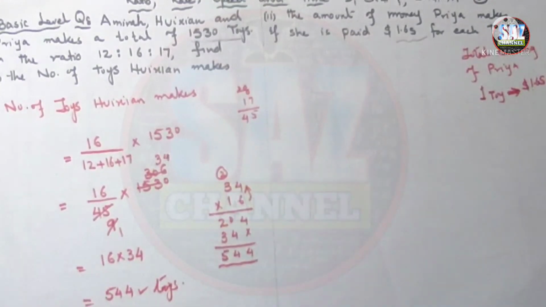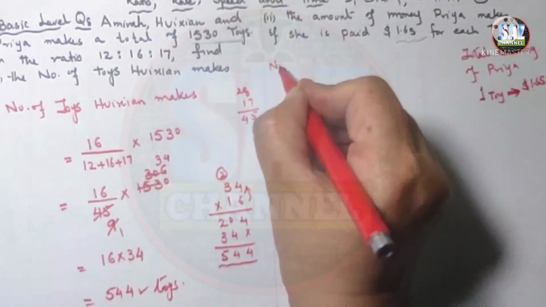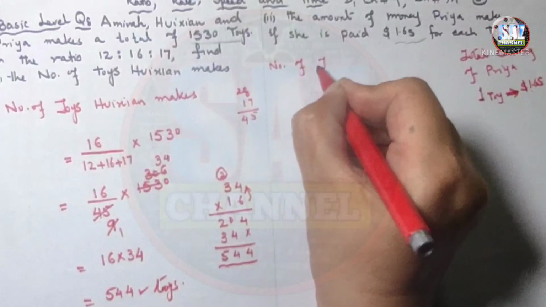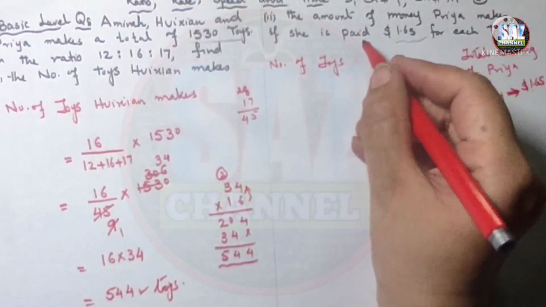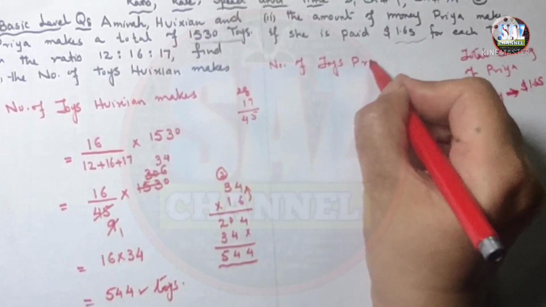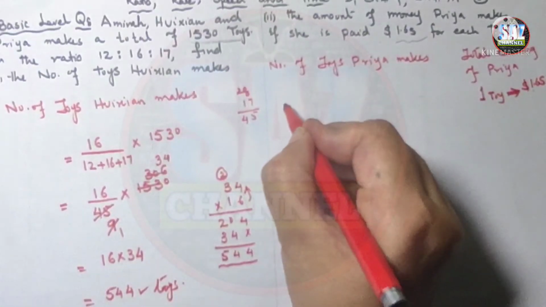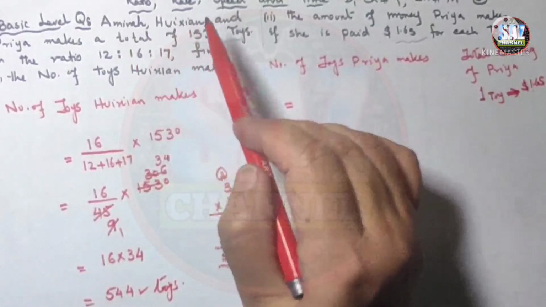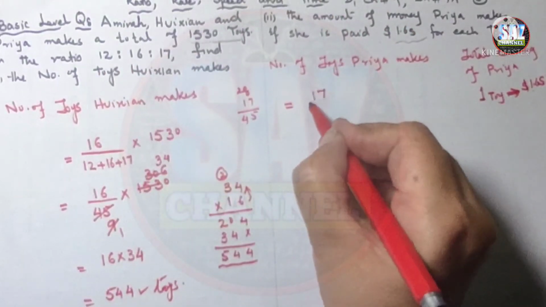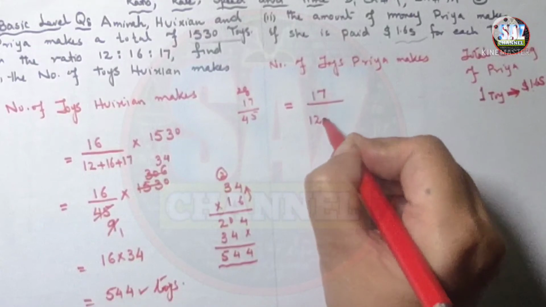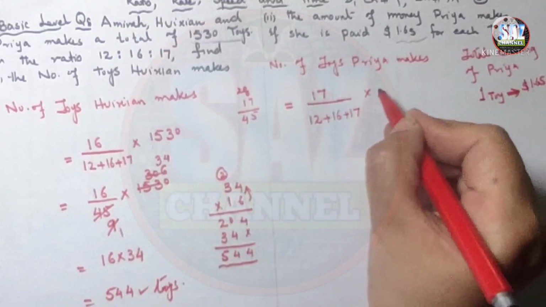First of all, we have to find the number of toys Priya makes. It will be equal to, now look, Amira, Higson and Priya, so Priya's share is 17 by the sum of the ratios 12 plus 16 plus 17, times 1530.